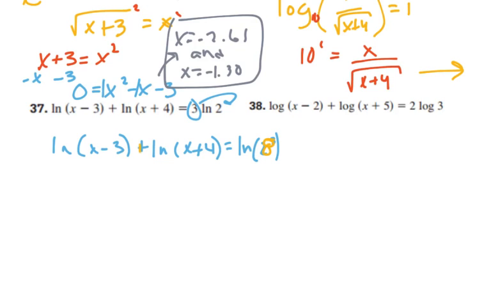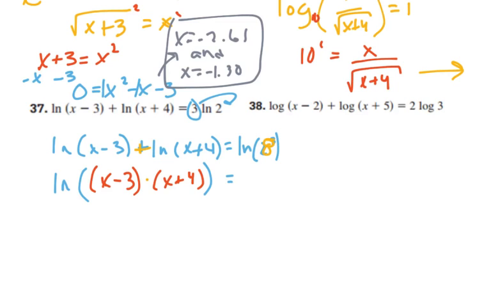And then anytime that there's a plus going on, that means multiplying. So we're going to rewrite this left side as the product of x plus 4 times x minus 3, and that's going to equal the natural log of 8, which is totally a number.